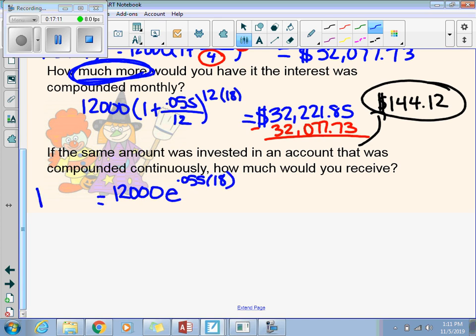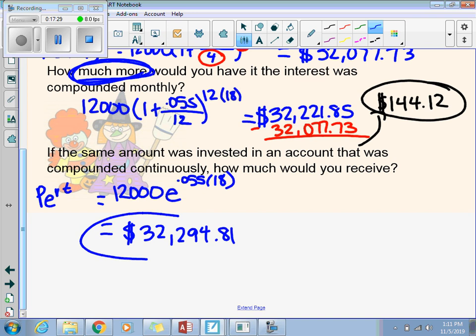Because this, P e to the rt, is for continuous. So when we solve that out, we're going to get $32,294.81. So compounding continuously would have been the best way to go. Most banks don't give you that option. So make sure you do the math to figure out where you're going to get the most money out of it.